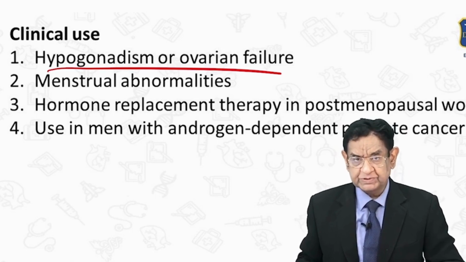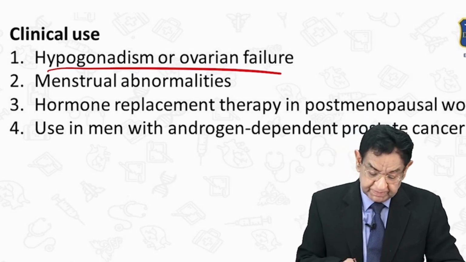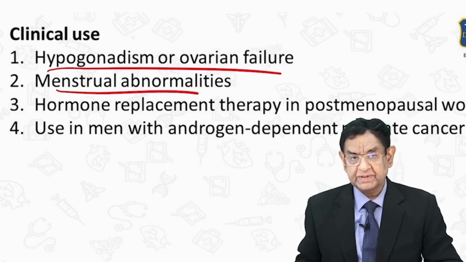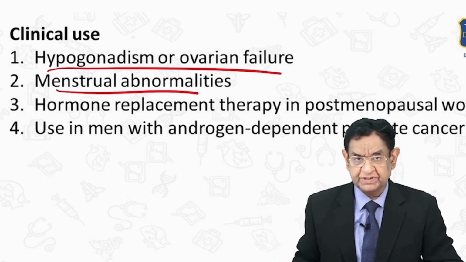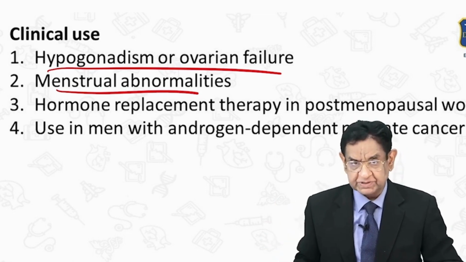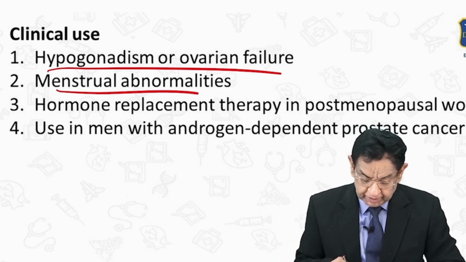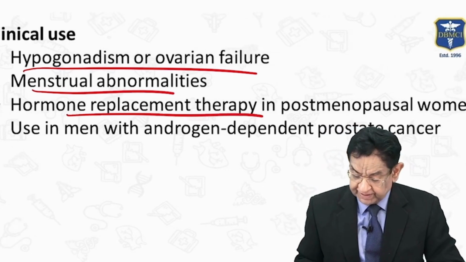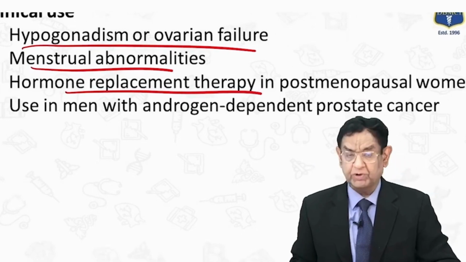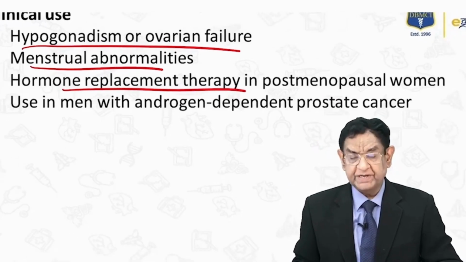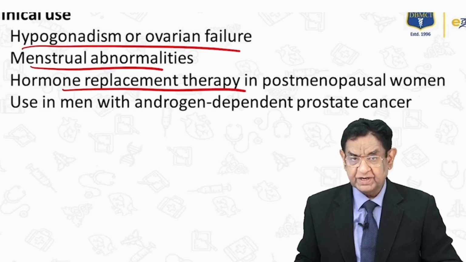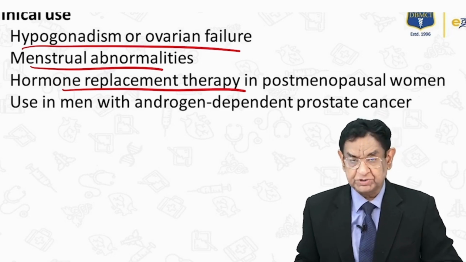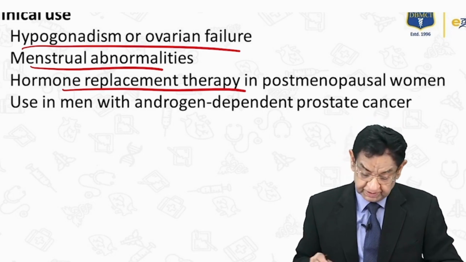Menstrual abnormalities like irregular menstruation are another use. Hormone replacement therapy is very, very important in post-menopausal women. It not only removes the discomfort of menopause, but also helps in the treatment of osteoporosis.